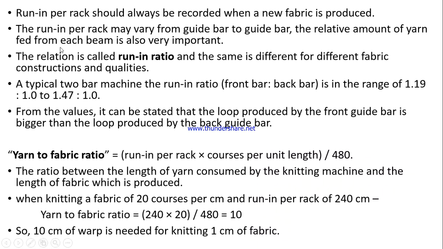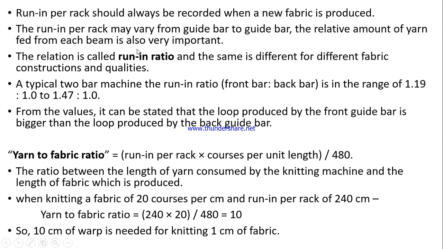The relative amount of yarn fed from each beam is also very important, because that will give you information on how much length is required for completion of a fabric. Otherwise, there will be a beam fall of one beam earlier, and the length remaining in the other beam will be wastage.